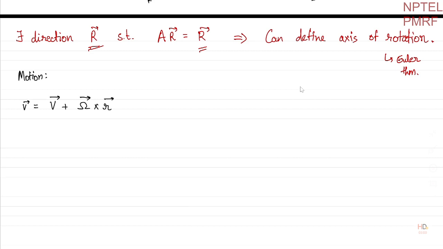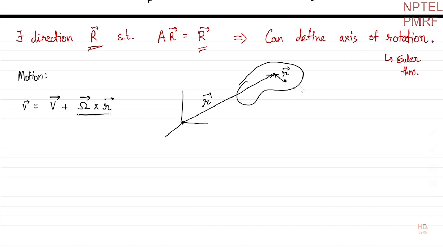Where r is, so you have something, and this is your r prime, and this is your center of mass or any fixed point. So this is your r. Okay, so velocity is measured in inertial axes, that is with respect to this one, and omega cross r is this thing, where omega is pointing in some direction, and this one is the eigenvalue, eigenvector.